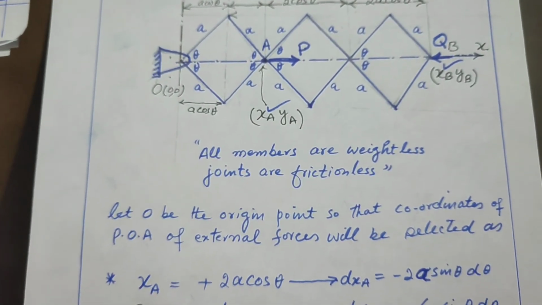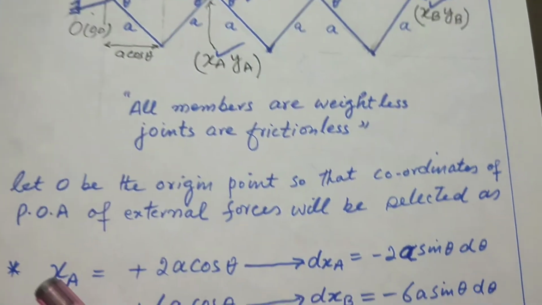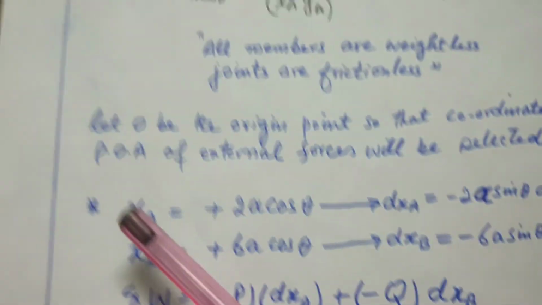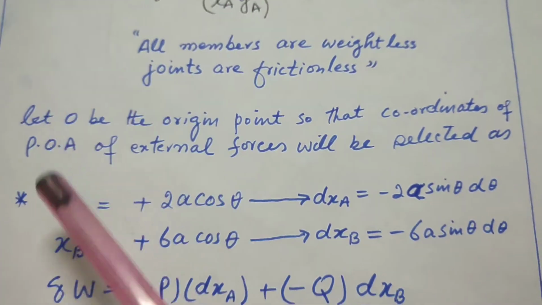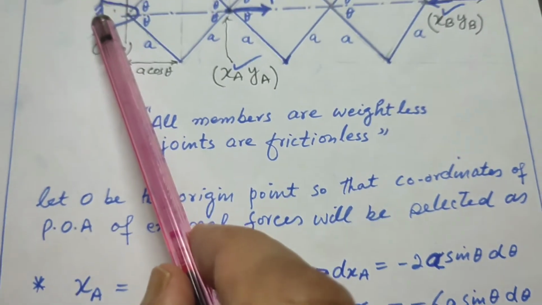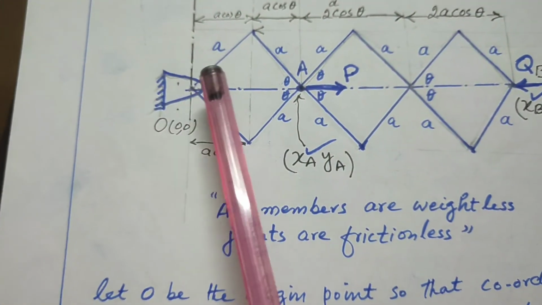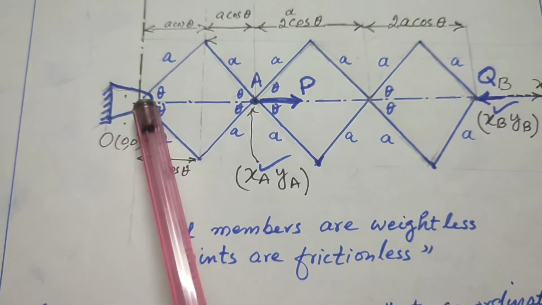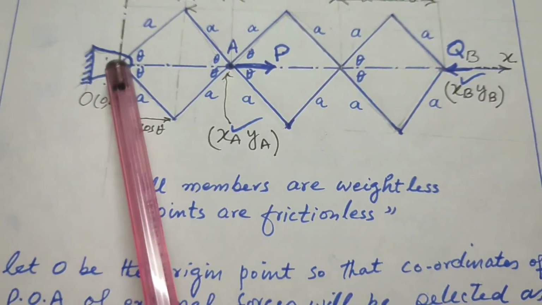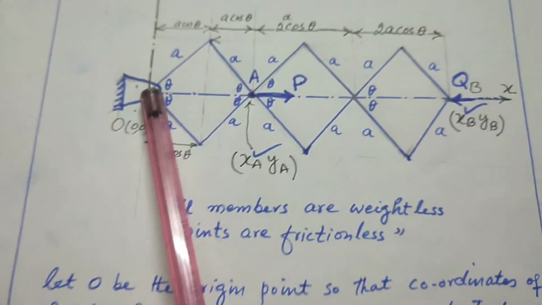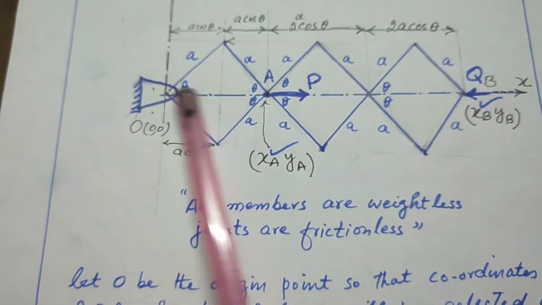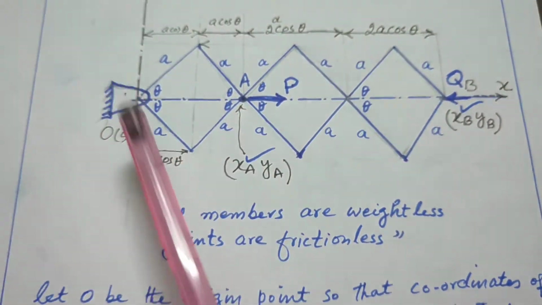So the first step is consider an origin. This point O we select as origin. This is a fixed point, and this coordinate will be x and this y.